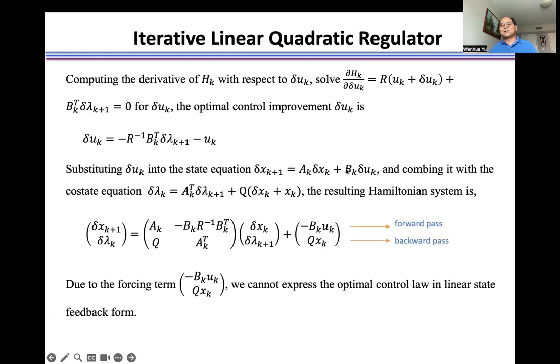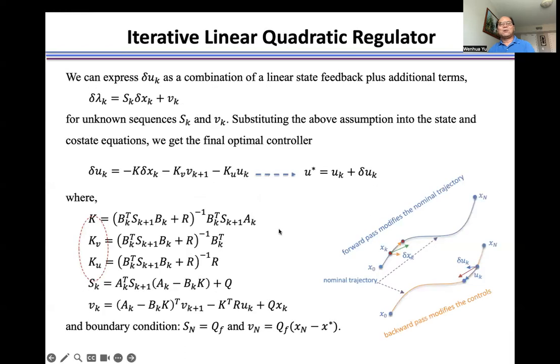That means the modified linear dynamic is combined with the co-state, the equation about the Lagrange multiplier, and we get the update equations for the state and for the Lagrange multiplier. Since we have this extra term, we cannot express the optimal control law in linear state feedback form. So we need to think about another way.